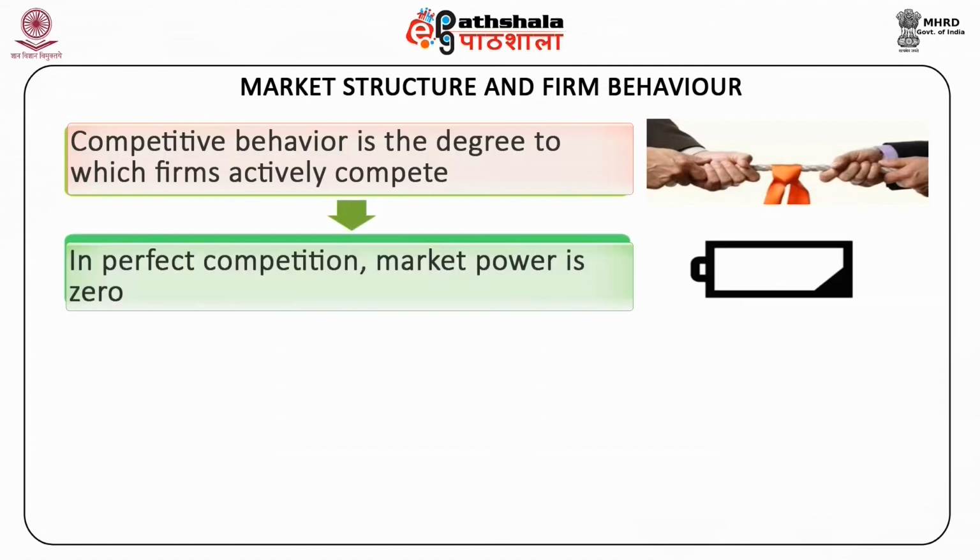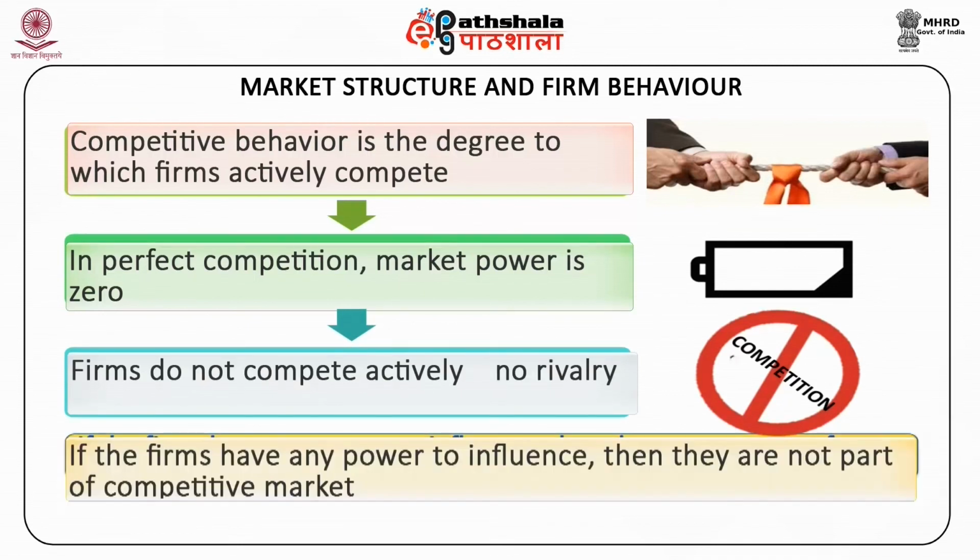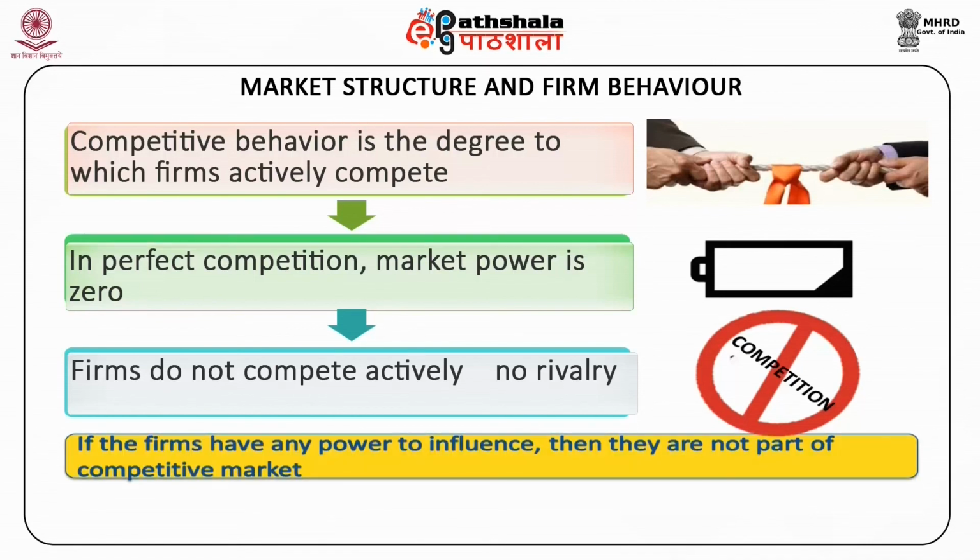In case of a perfectly competitive market, the market power is zero. Thus, firms do not compete actively with each other. On the other hand, firms competing with each other due to some power to influence the market price and output cannot be considered a part of this competitive market.